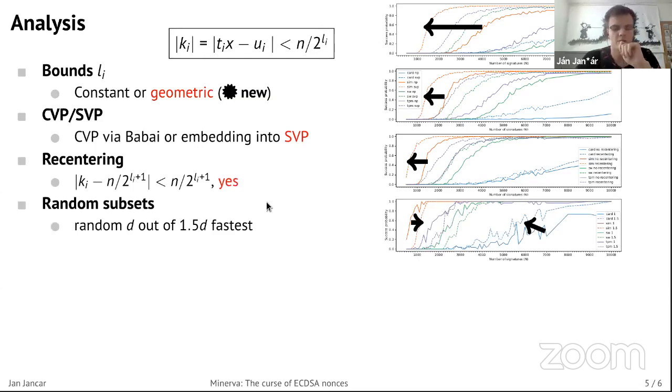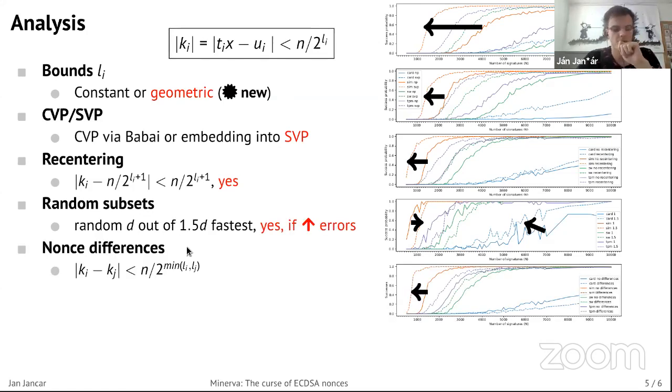We tested the random subsets method, which was a previous work on how to fix errors for these kind of lattice attacks, which takes the random D signatures out of the 1.5 D fastest, does this many times and hopes that it takes a random subset that doesn't have errors. And we found that for a noisy data set, it does improve success rate, but for a data set that's not noisy, it decreases the success rate because you are not taking the best of these signatures, the signatures with the largest amount of information.